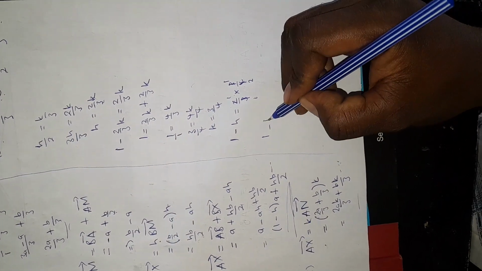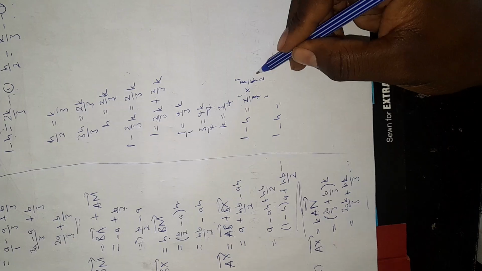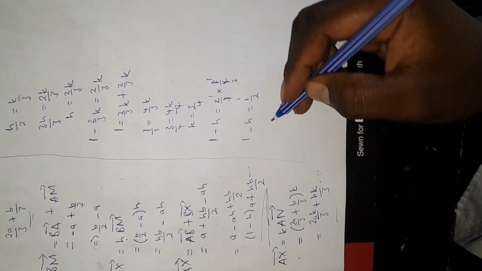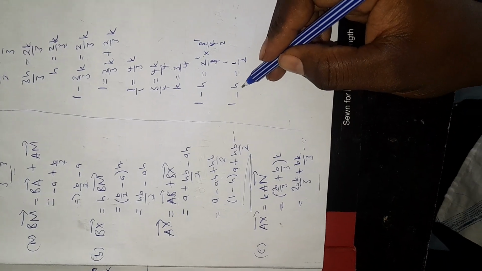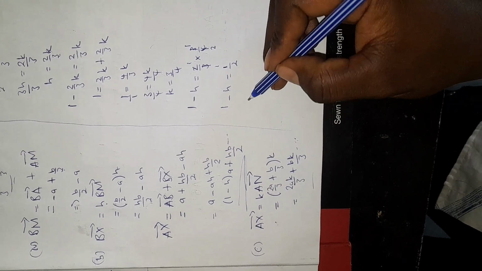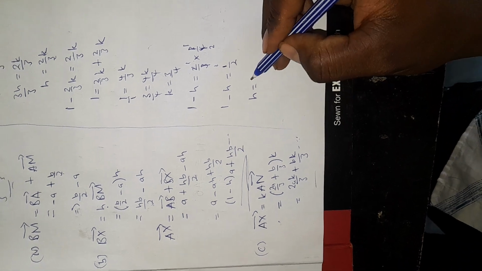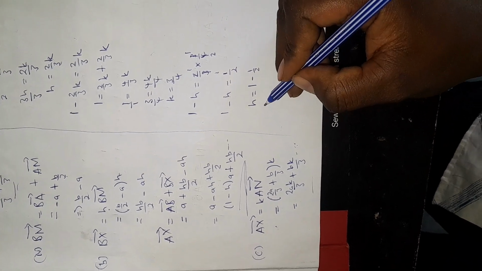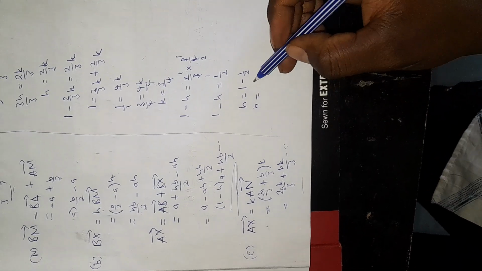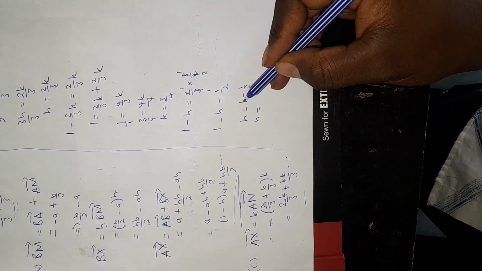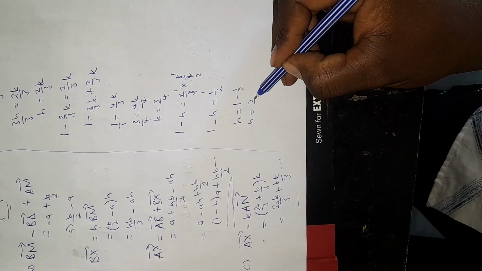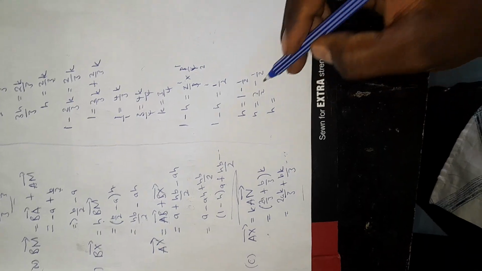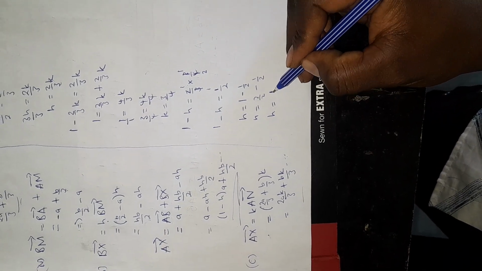So 1 minus H is equal to a half. So I will leave H on its own side. So H is equal to 1 minus a half, which is 2 over 2 minus a half. So H is equal to a half.